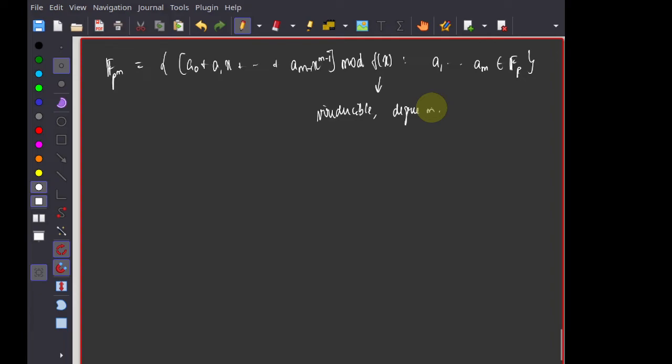Take the set of all A0 plus A1x, where A0 and A1 come from some field. This forms a vector space. We all agree with that. So now, can you find a basis for this vector space?